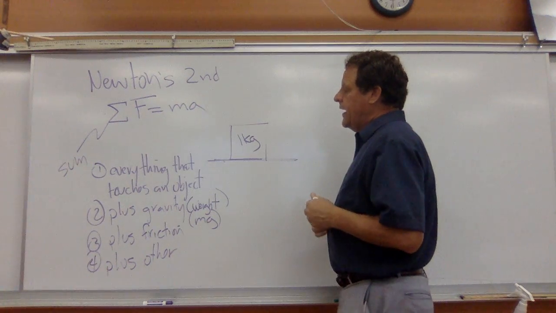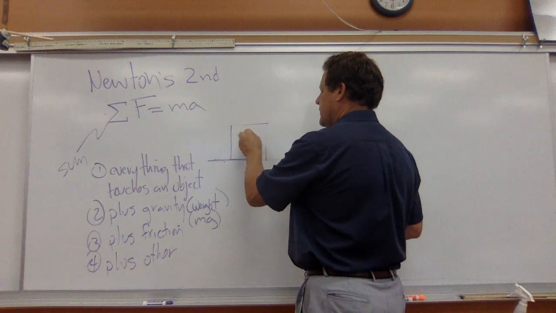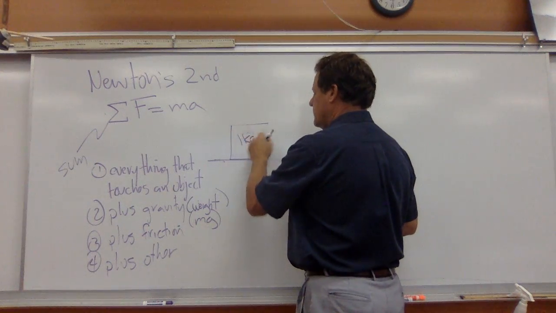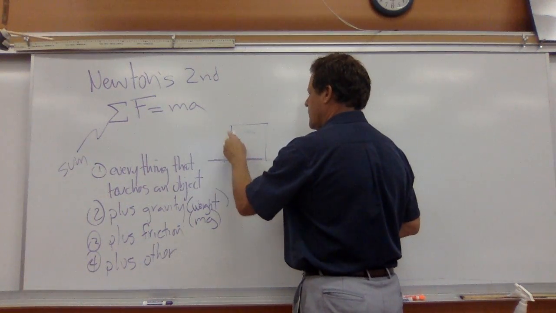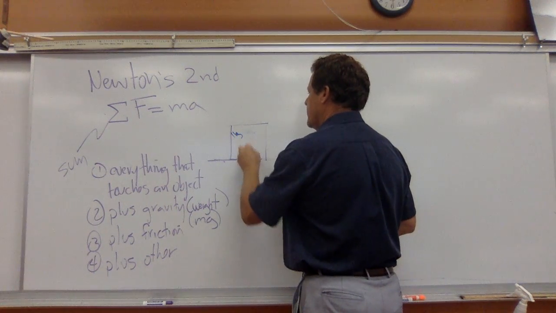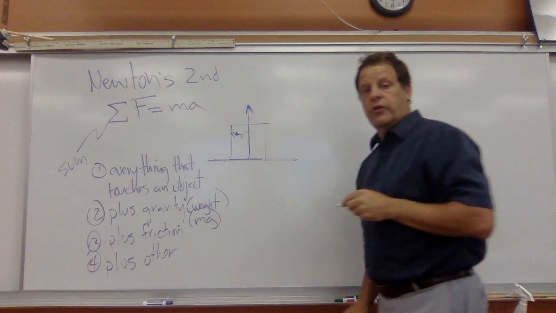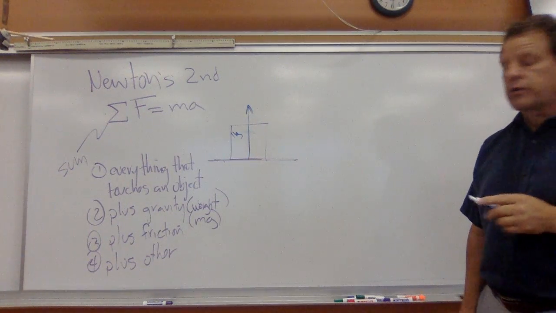So we're going to say everything that touches it. Now, what we have here is the ground, okay, right here, 1 kilogram. The ground here is touching this object. The ground is touching that object.